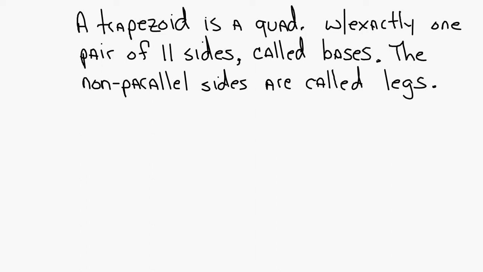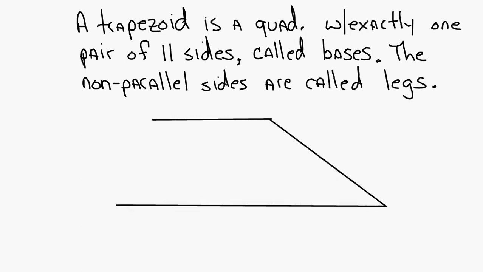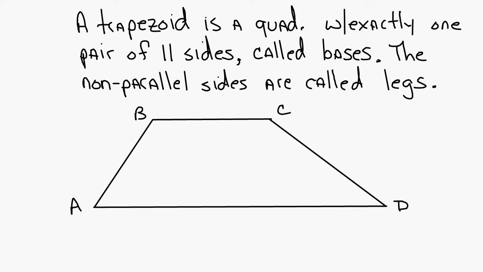A trapezoid has four sides and one pair of parallel sides. So trapezoid ABCD has exactly one pair.